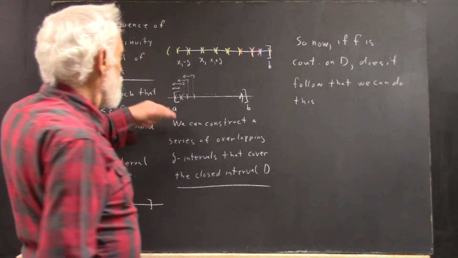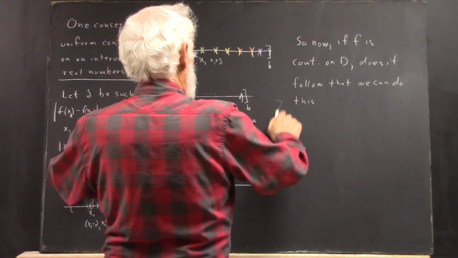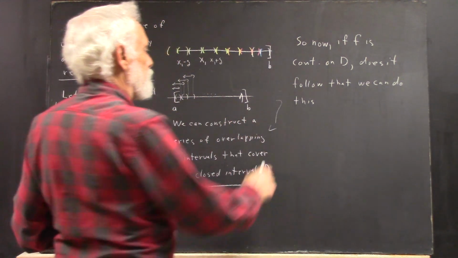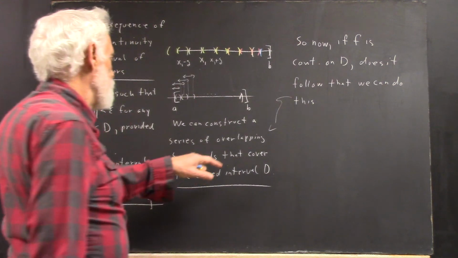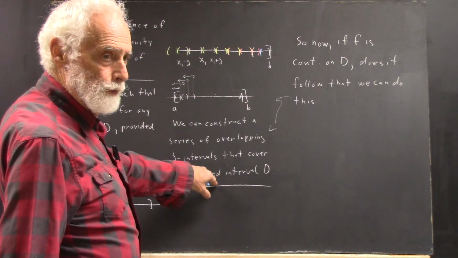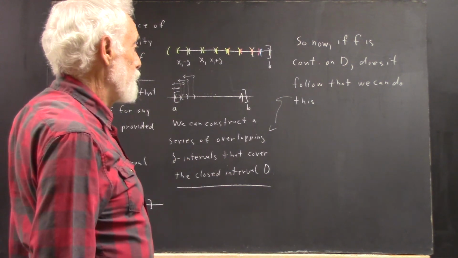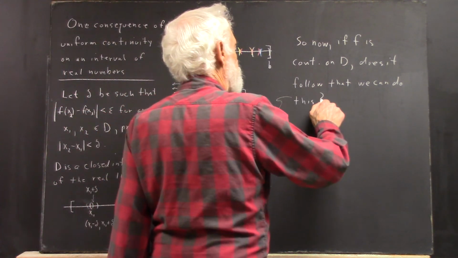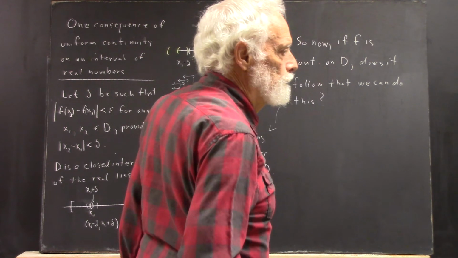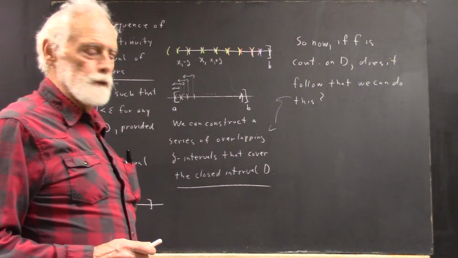That is, construct a series of overlapping delta intervals to cover the closed interval D. Okay?